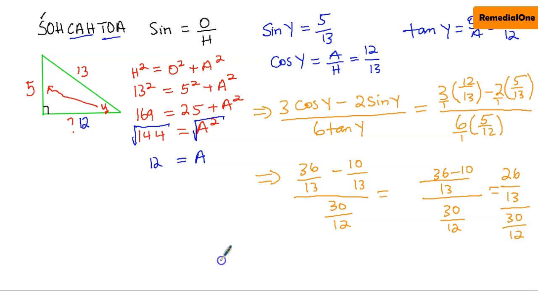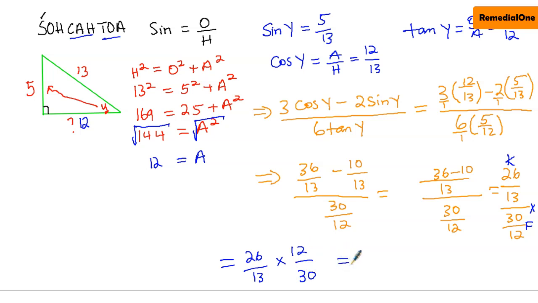I'm bringing it here, equals. Here, a fraction divided by a fraction: you keep this, division becomes multiplication, and you flip that. So it's just going to be 26 over 13, then multiplication, and 12 goes here, and 30 comes here.